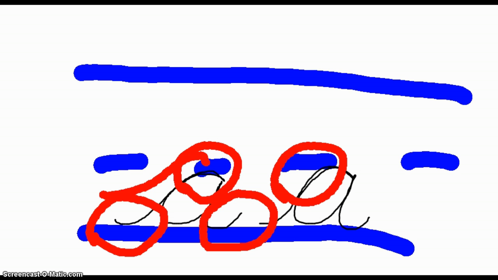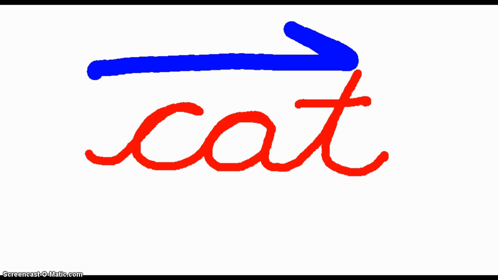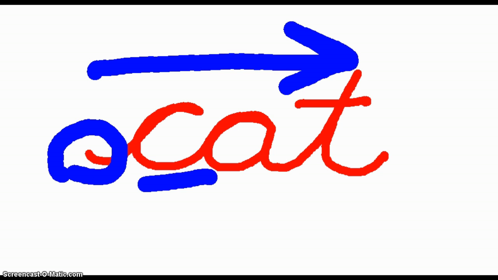Because like I said, with cursive writing, we never lift our writing utensil. If I were to write cat, it's all very smooth and connected. My writing utensil never leaves the paper until I'm finished writing, then I can go back, but you can see the slant of each letter, how we have those tails, and how everything is connected along the way.